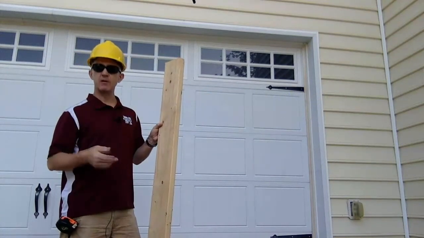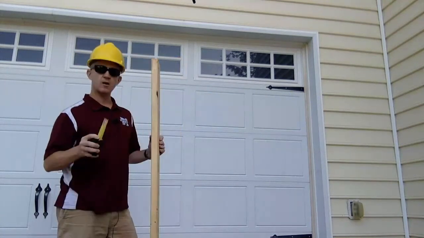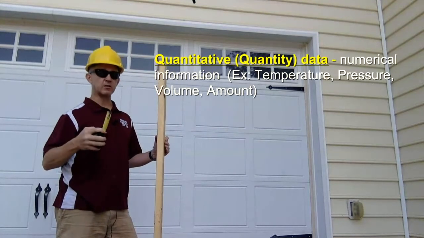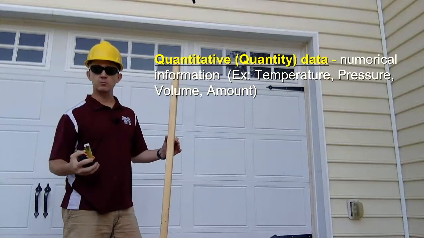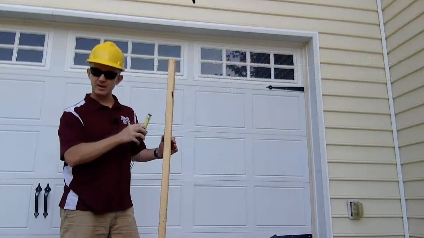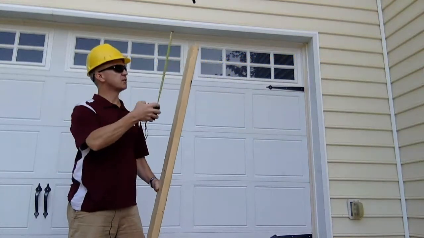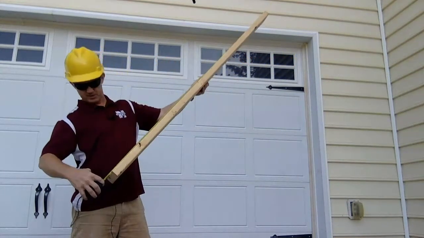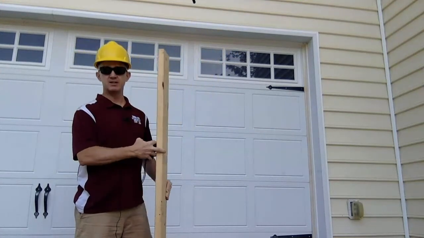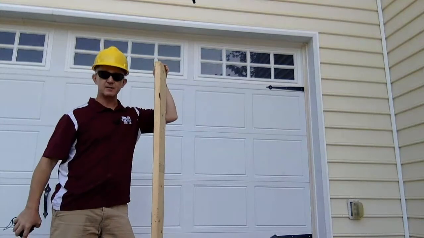That'd be an example of a qualitative observation. On the other hand, quantitative data has to do with things like length or mass or volume. Amounts, right? Quantity, quantitative. I can take this tape measure and measure the length of the board, and it's around 66 inches. That would be an example of quantitative data.